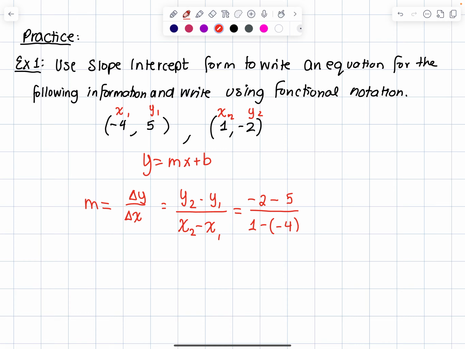You have to be very careful with the negatives here, because if you don't, you will make a mistake. So this is going to give me negative 7 over 1 plus 4, which is 5. So I have negative 7 fifths as my slope.